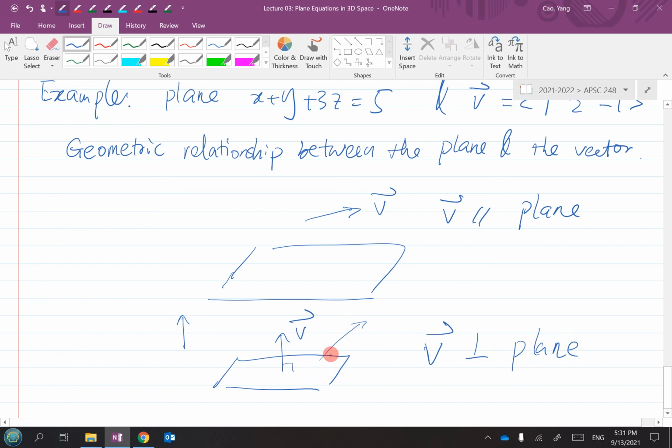So that's your third geometry. So this V here forms a certain angle, but the angle is not 90 degrees. But apparently you can see these parallel and perpendicular are two special geometric relationships between this vector and the plane. Okay. Good?